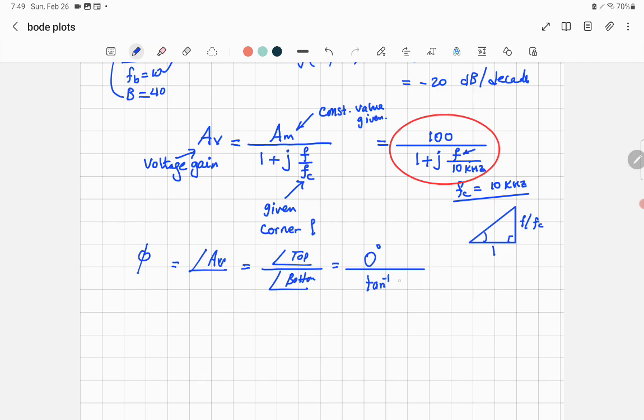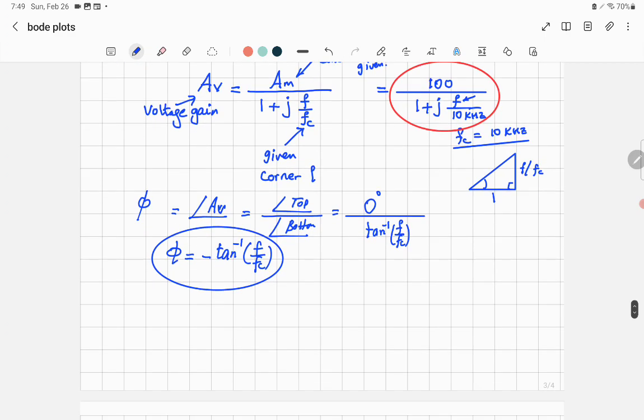So tan minus 1 of the imaginary, which is f over fc, over 1. That's the angle we get. To move it from the bottom to the top, it will be minus. So phi will be equal to minus tan minus 1, arctan of f over fc. So that's the formula for the angle. You can use it to calculate any angle.